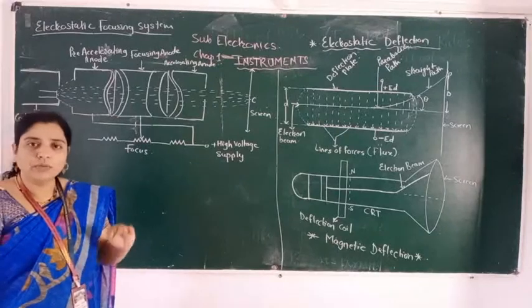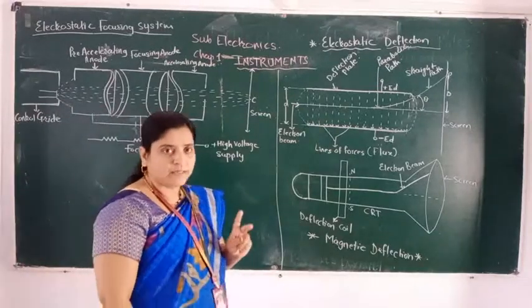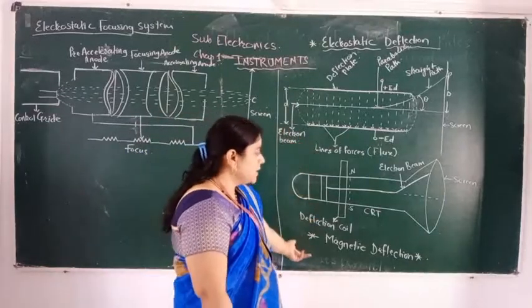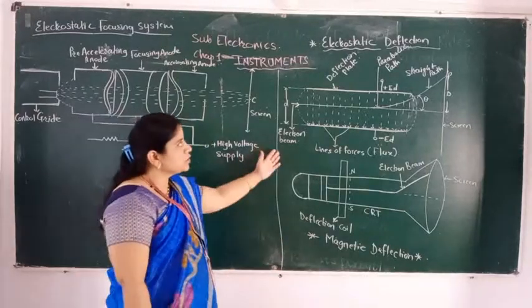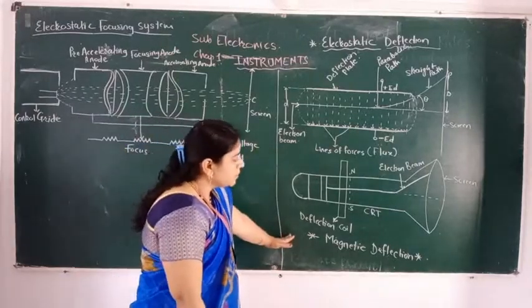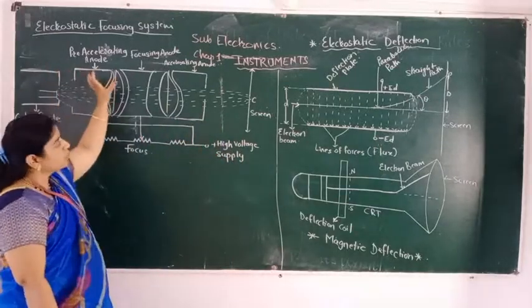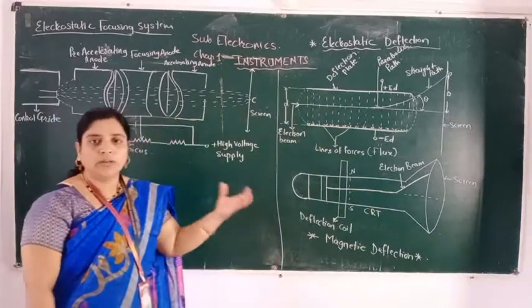I have told you in the last lecture that the CRT is of two types, electrostatic deflection and magnetic deflection. Before going to electrostatic deflection and magnetic deflection, we will see what is the electrostatic focusing system. What was there in the CRT, cathode ray tube?